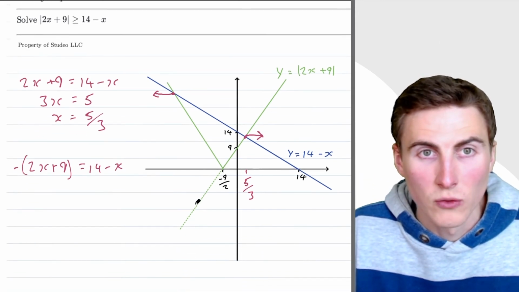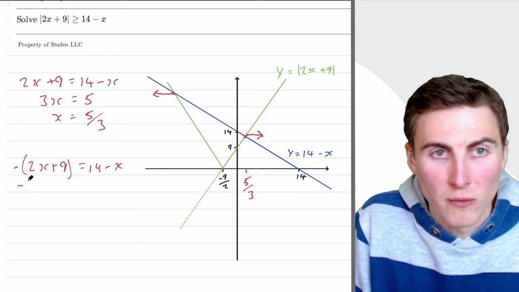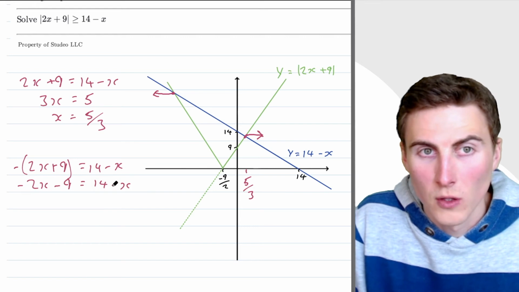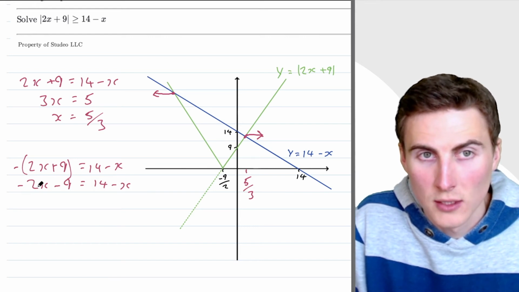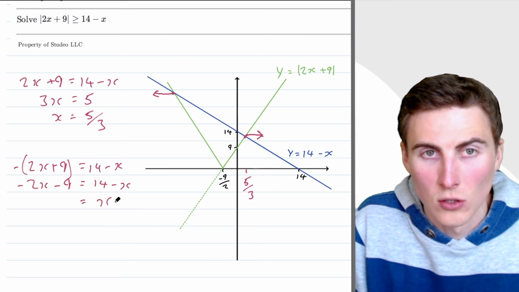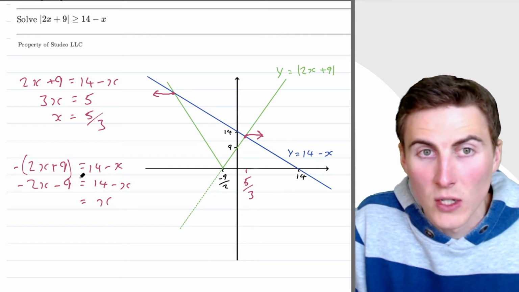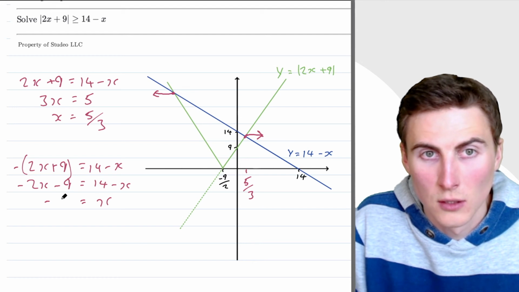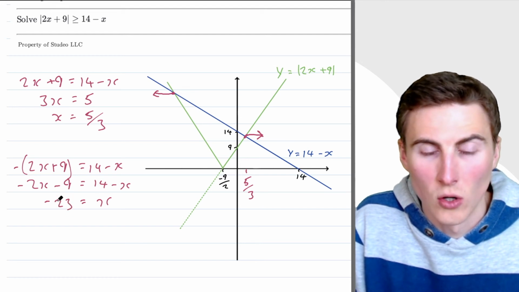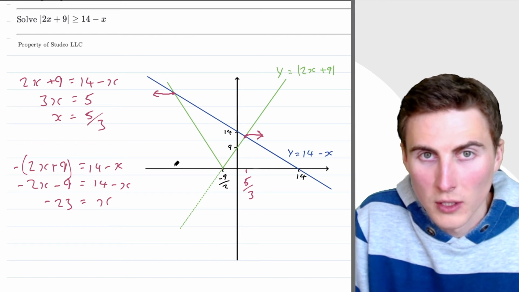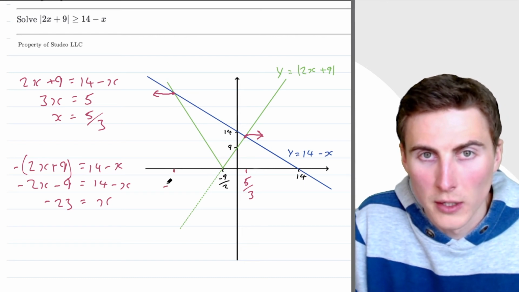To solve that, we have -2x - 9 = 14 - x. Then we can add 2x to both sides, which will give us an x on the right. And we can take away 14 from both sides, so we get -23 on the left. So we know that this value here is -23.